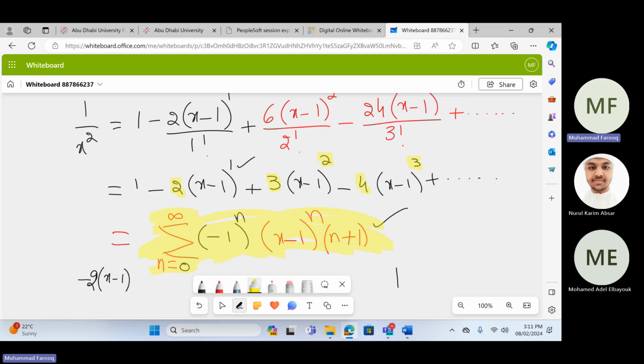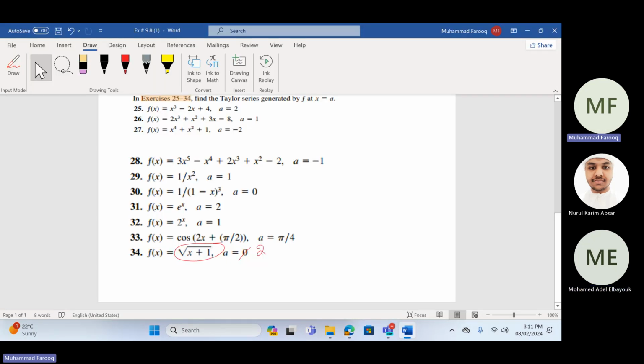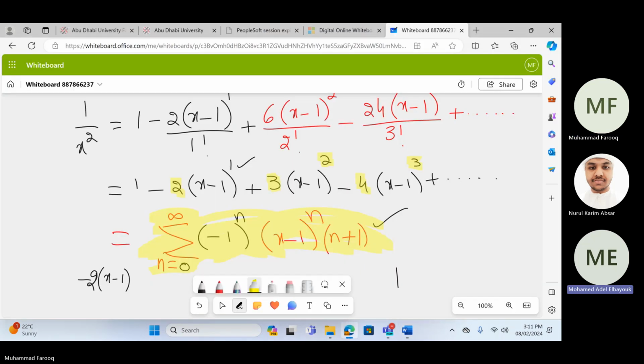Yes, please. Doctor, I have a question from the homework. I solved the question, but I couldn't simplify it in the last step. Can I give it to you and you explain? Do one thing, please send me this question in Teams, so after class I can check it.